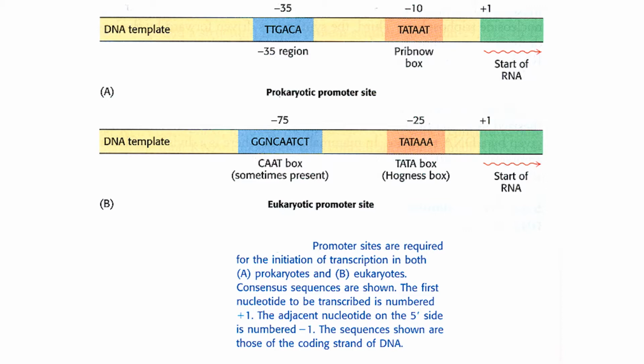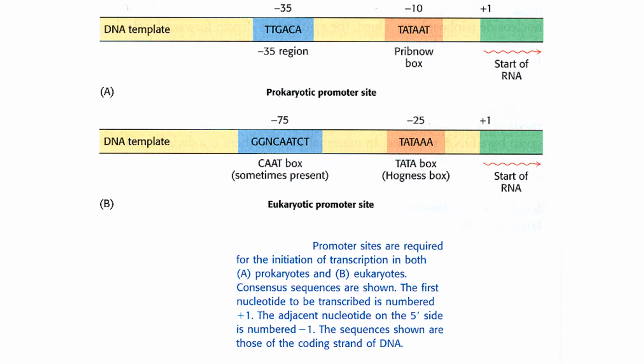So now we're looking at some promoter sites on DNA. The mechanism for recognizing transcriptional start sites is somewhat complicated. So we're going to take a look at two types of promoters, a prokaryotic promoter versus a eukaryotic promoter site. Transcription is initiated at specific promoter sites on the DNA.